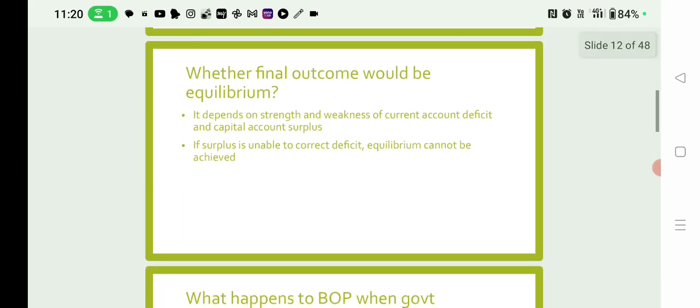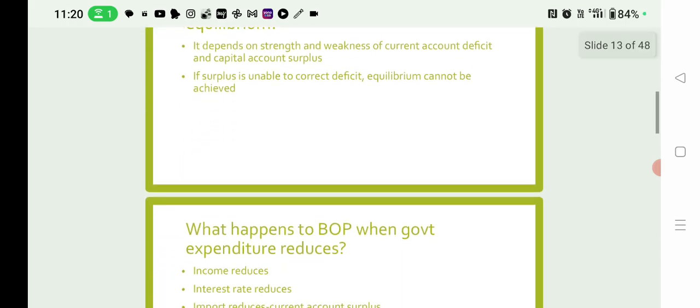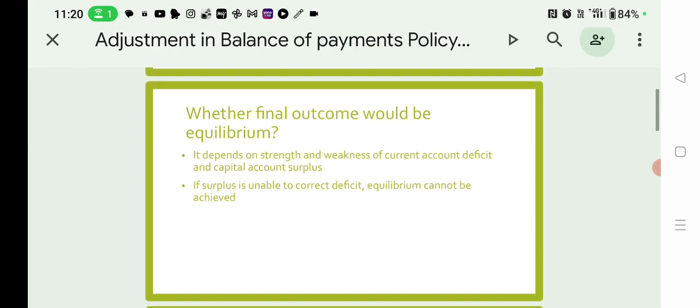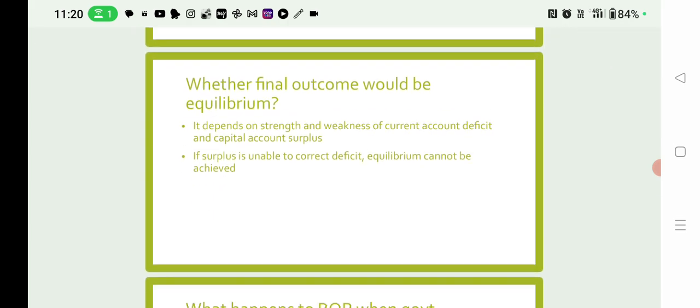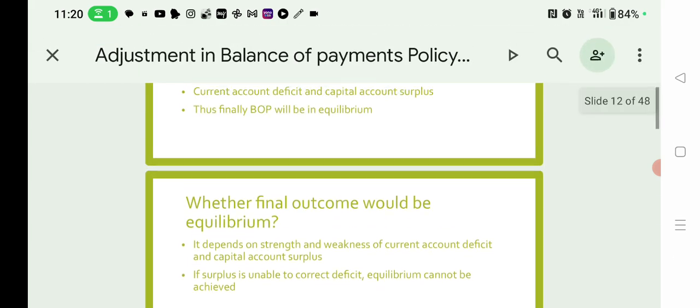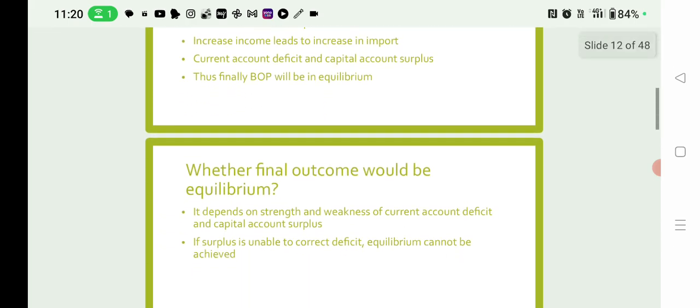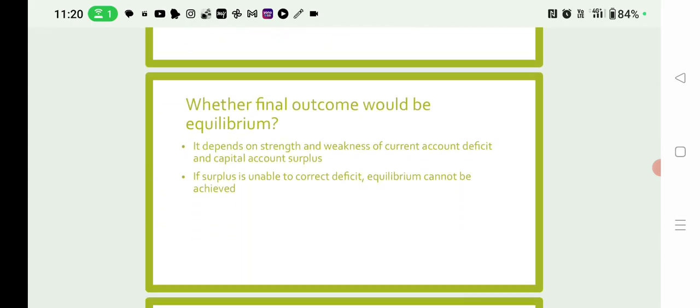Now let's look at the fall in government expenditure. Before that, the final outcome of changes in government expenditure on balance of payment equilibrium depends on the strength and weakness of the current account deficit and capital account surplus.